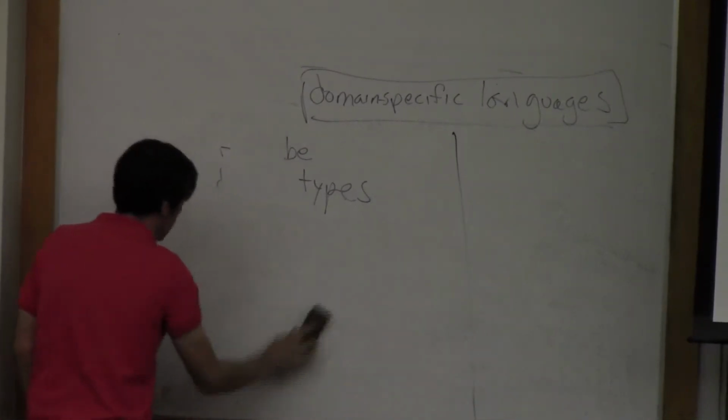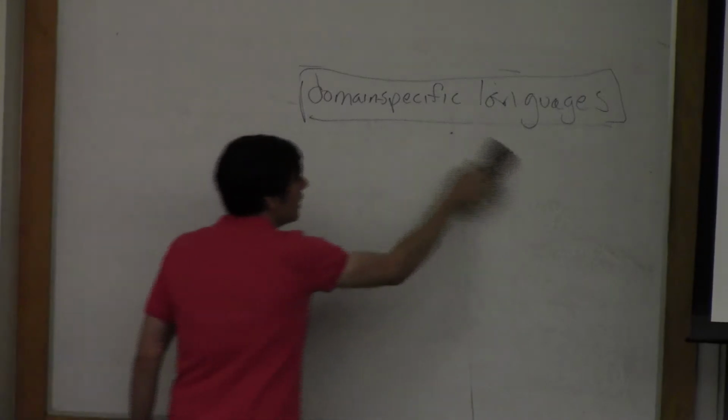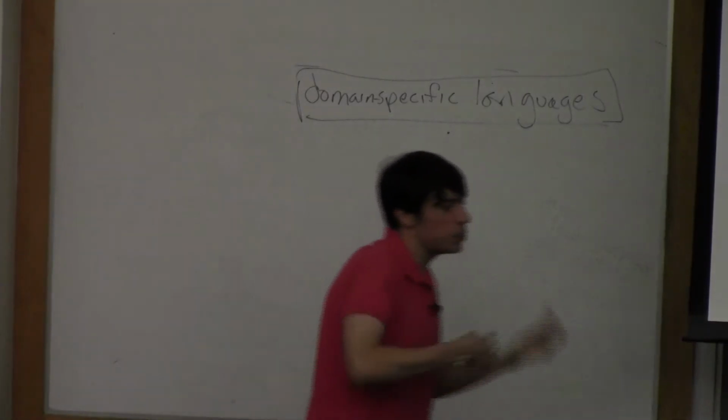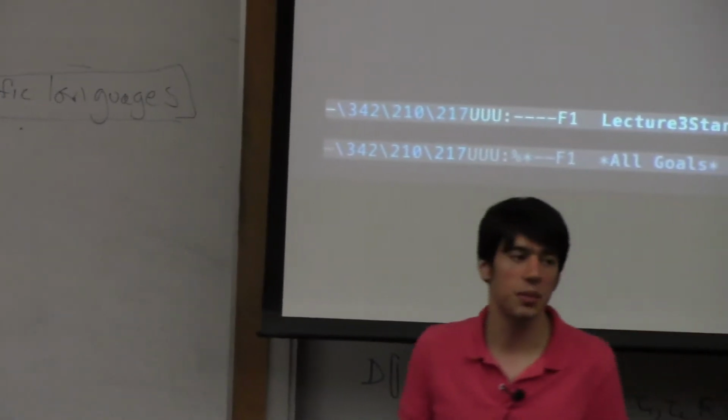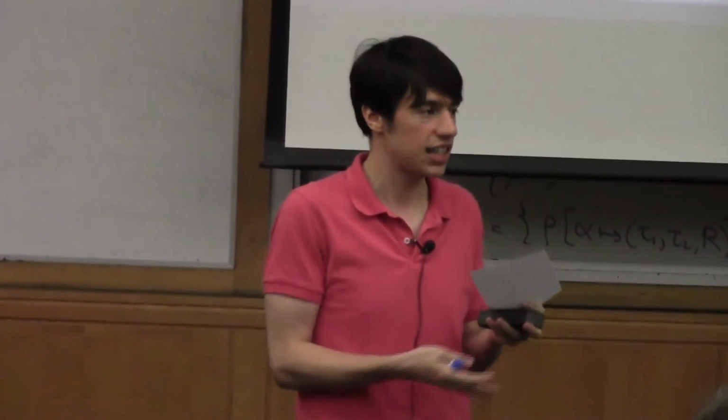And the idea with a domain-specific language is that you have a special purpose language for some particular application domain. And the nice thing is that domain-specific languages are supposed to make it easy to program certain tasks.